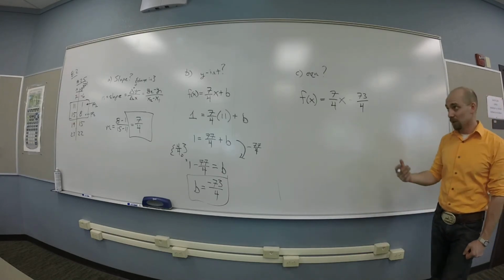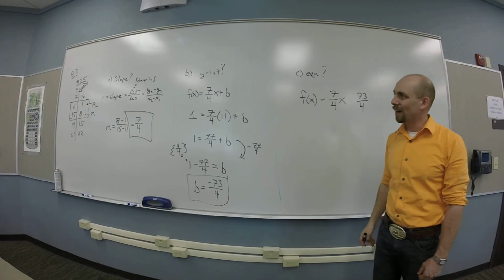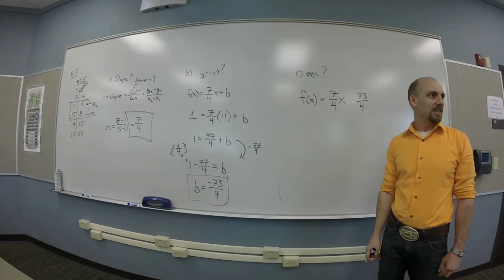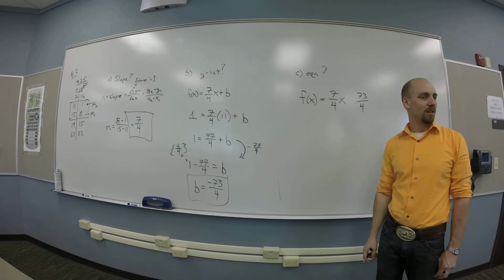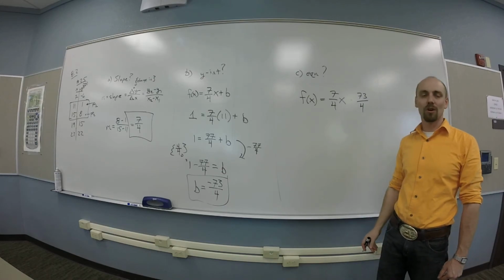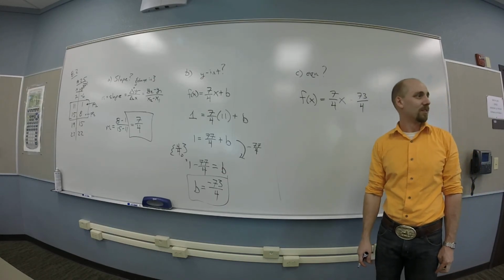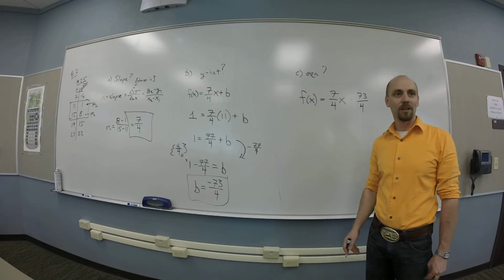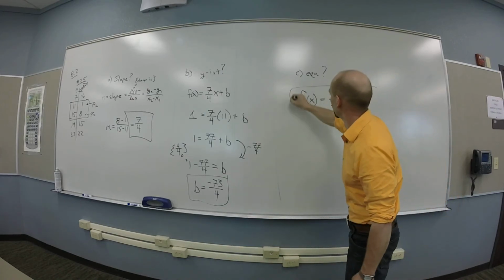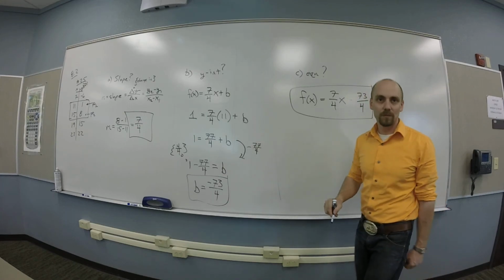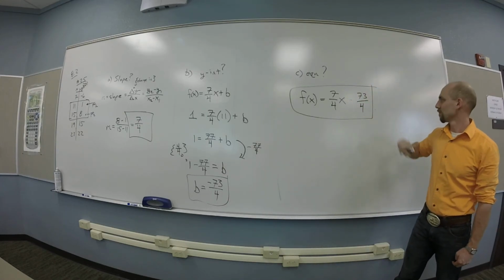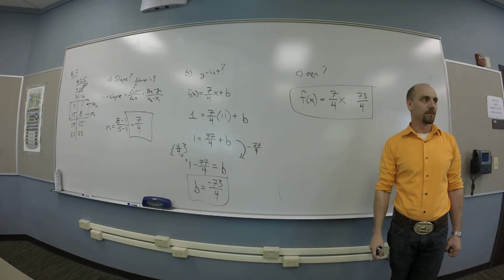Is there anything special about the fact that I called this thing f? Did they tell me to do that in any way? No, not really. I got to name the rule, so I named it f. Are there other choices that would be valid? A lot. Any other choice you made would be valid. Cool? Good? Questions?